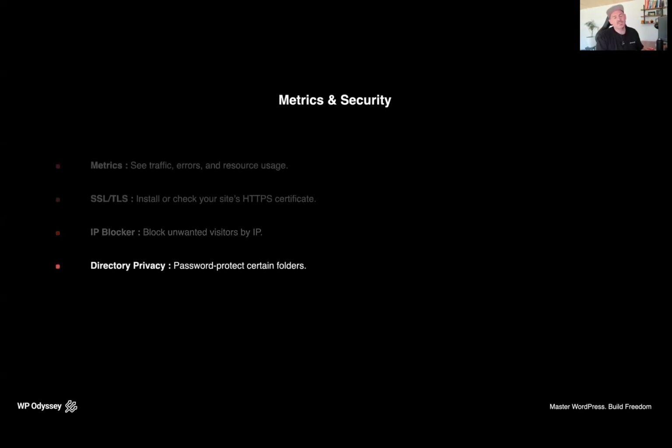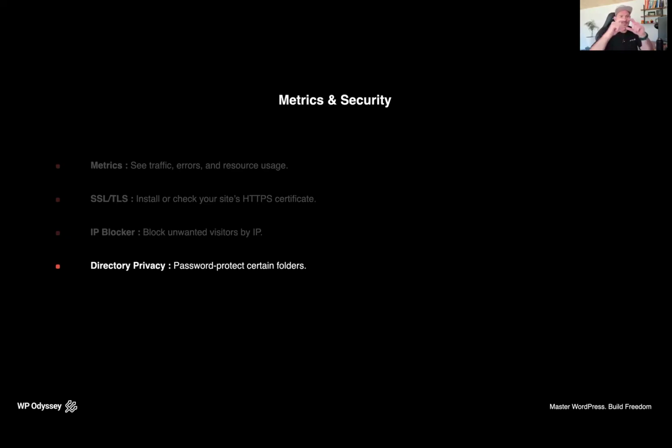Directory privacy. This one is useful. Let's say you've got a website under development. You might want to make the public HTML folder private, so that someone has to put in a password before they can see that website. Or not necessarily the public HTML, but a directory inside that you want to password protect. That's something you can do.